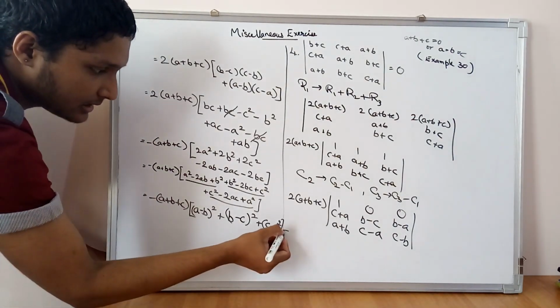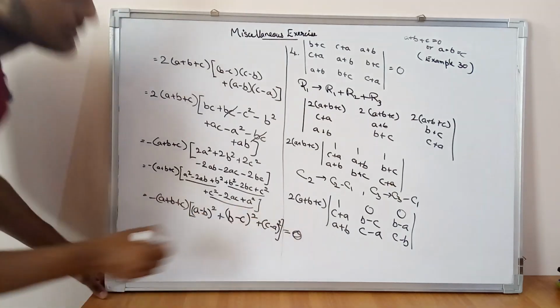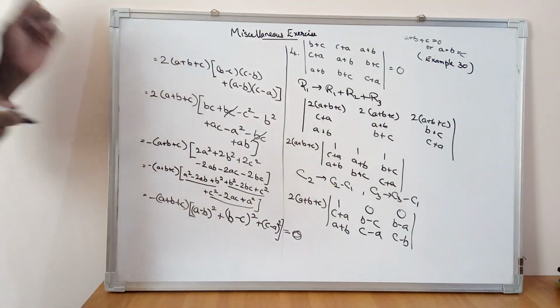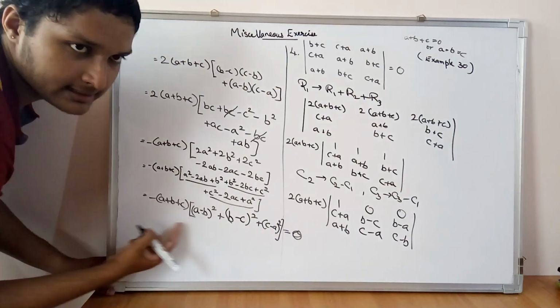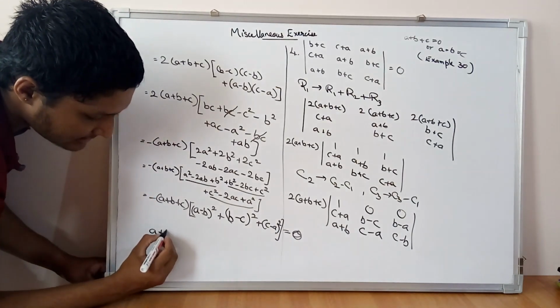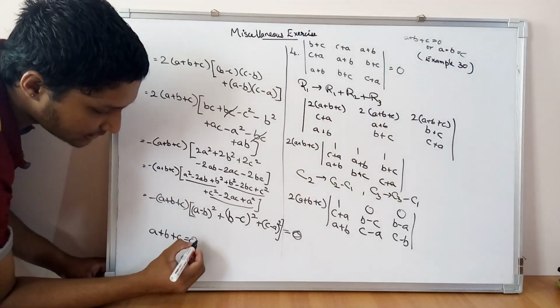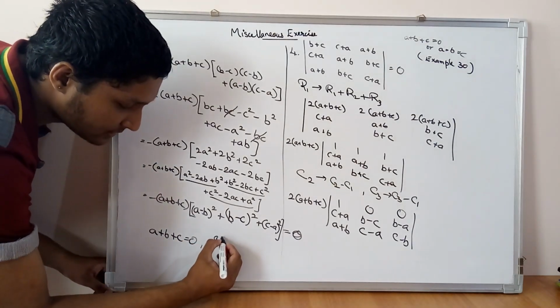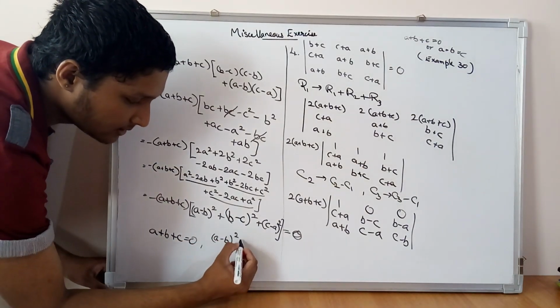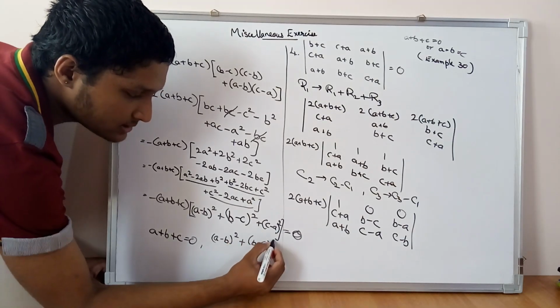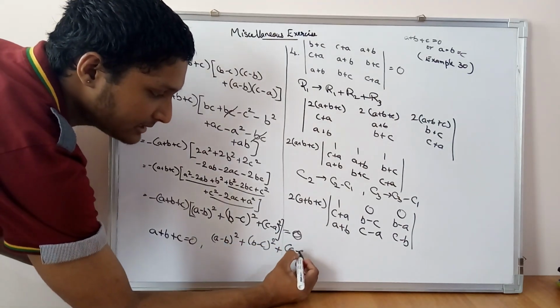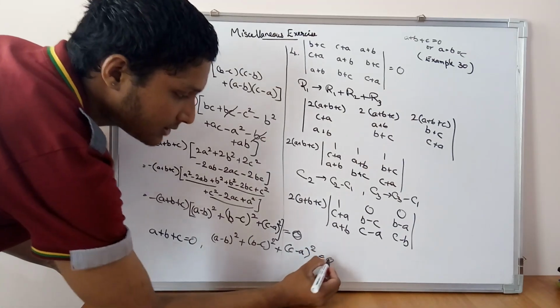Now equate it to 0. I'm going to equate it to 0 as per the question. If I equate it to 0, that means that these 2 terms are 0. That is a plus b plus c is equal to 0 and a minus b whole square plus b minus c whole square plus c minus a whole square is equal to 0.